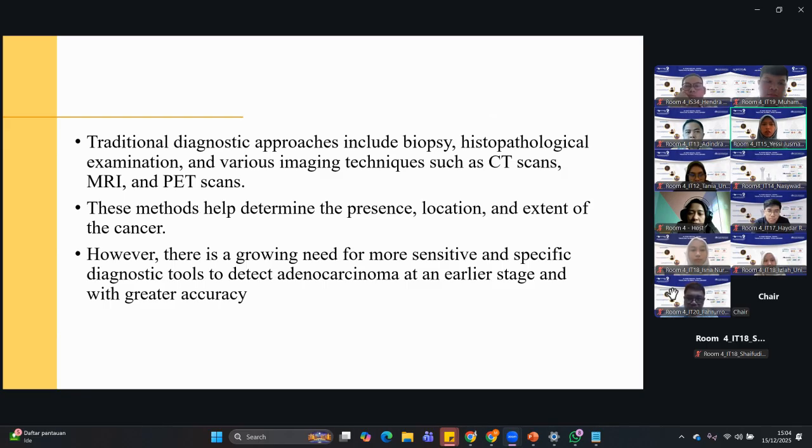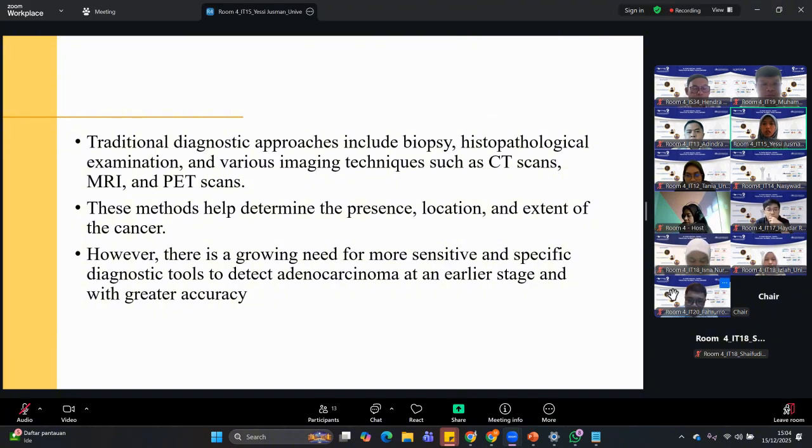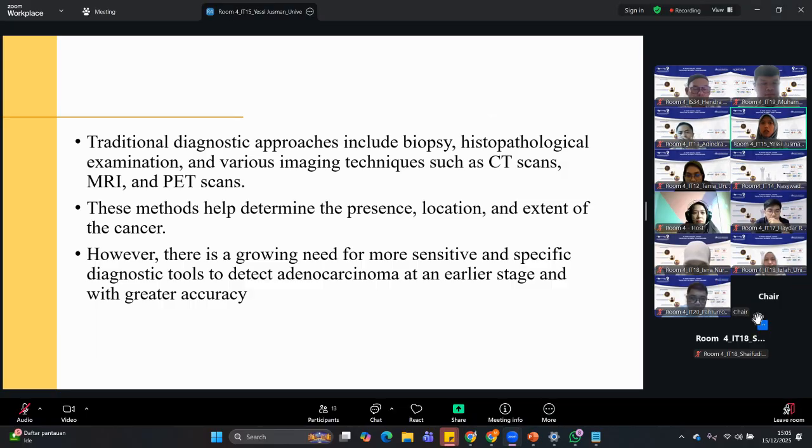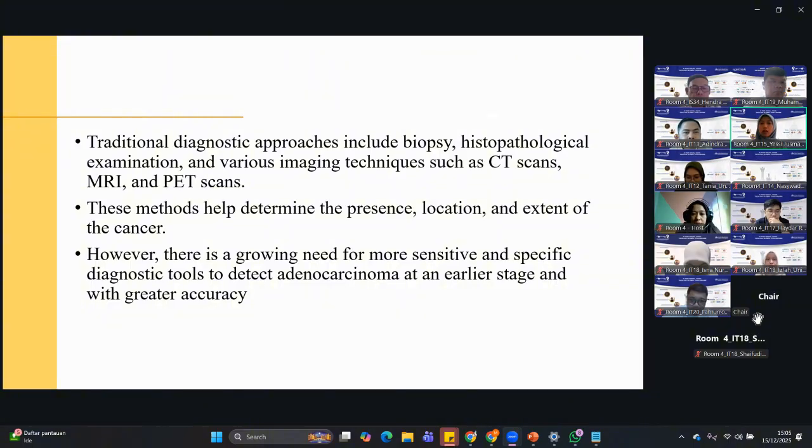The detection of adenocarcinoma usually involves a combination of clinical, medical, and several imaging techniques. The traditional techniques such as biopsy, histopathological examination, and various imaging techniques are very helpful for pathologists to detect the cancer, but these techniques often require considerable time and may lack sufficient sensitivity for early detection.